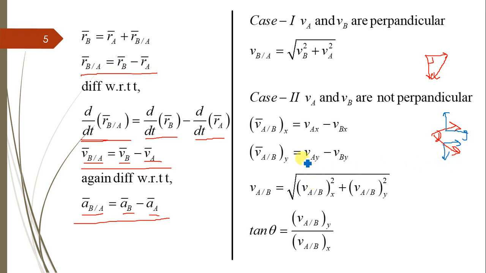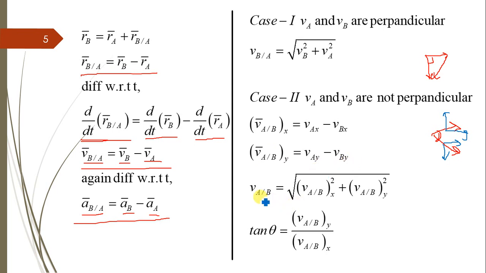Then the relative velocity of A with respect to B, the x component of that, is equal to the difference between the x components of VA and VB. Similarly, the y component of the relative velocity vector is equal to the difference between the velocity vectors of A and B in the y direction.